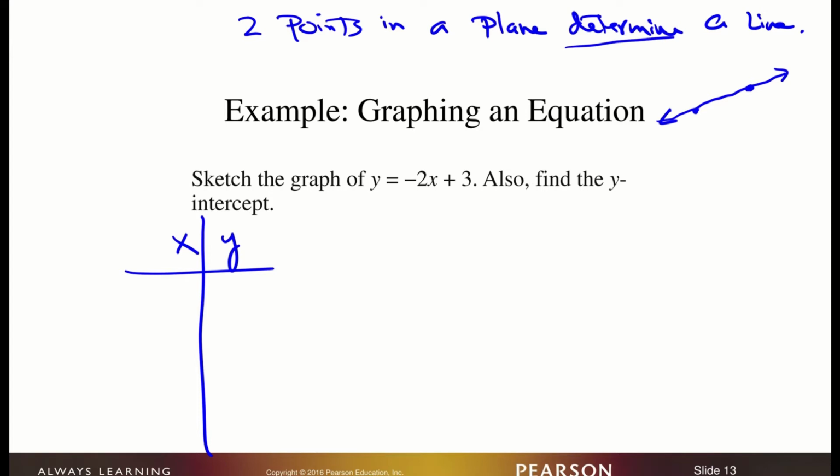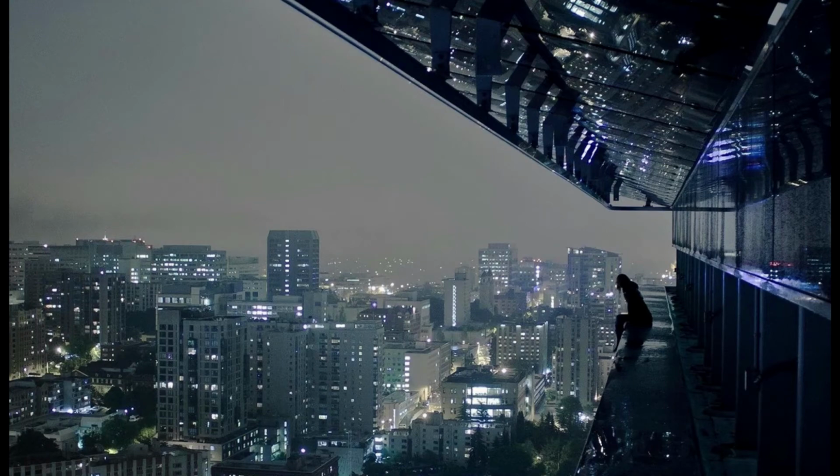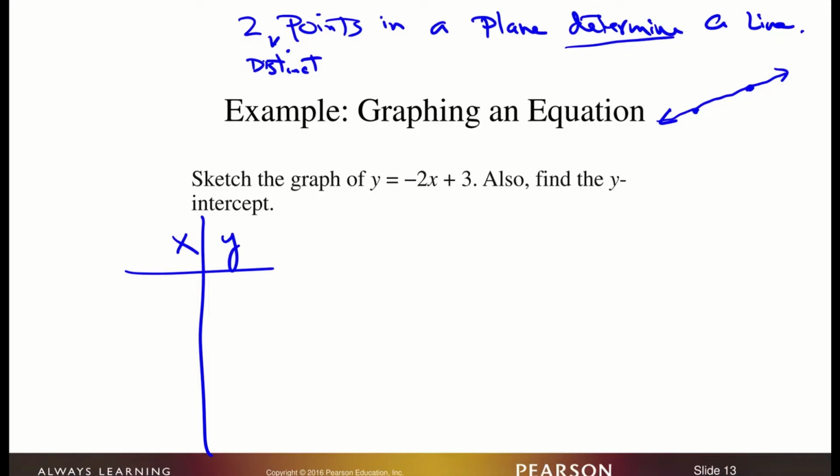So if you're given two, and if we want to be really, really mathematically precise, we'll say 2 distinct points. In mathematics, we always want to make sure we've covered all possibilities. And of course, here there's the possibility that the 2 points could be the same point. So to make sure that we don't fall into that trap, we just say 2 distinct points and then everything goes well.